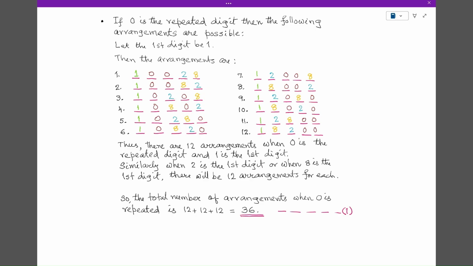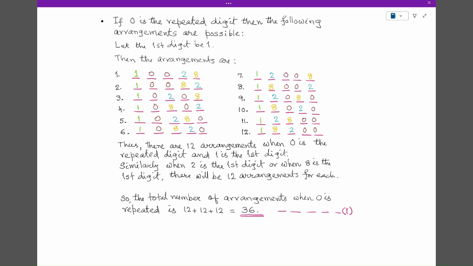So the trick here is you first fill in the first digit by 1, then fill in the remaining 4 digits so that 2 zeros appear in different places, and then fill in 2 and 8. So if you count, there will be 12 such arrangements.